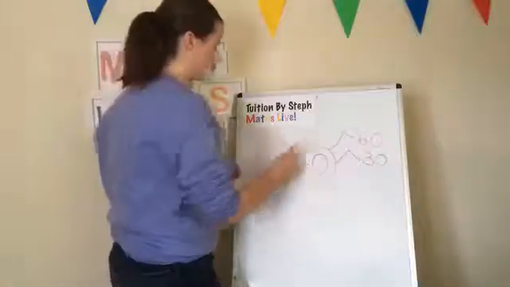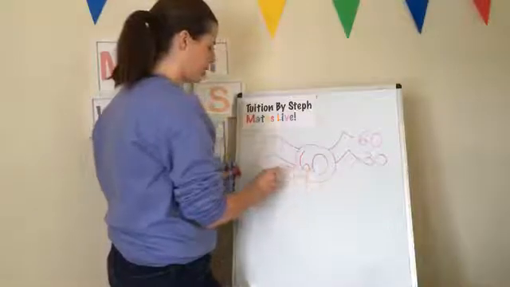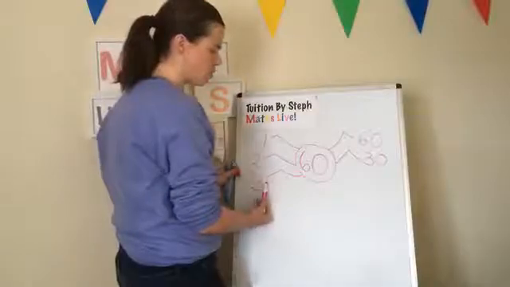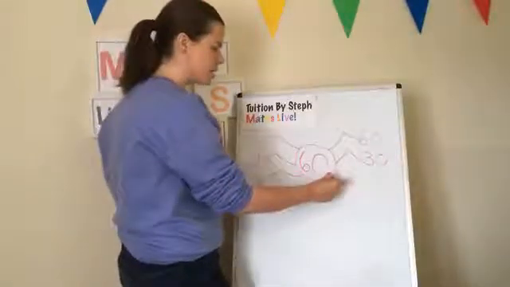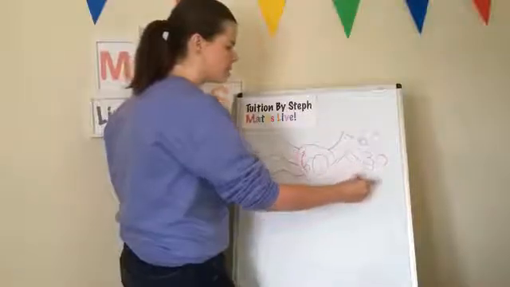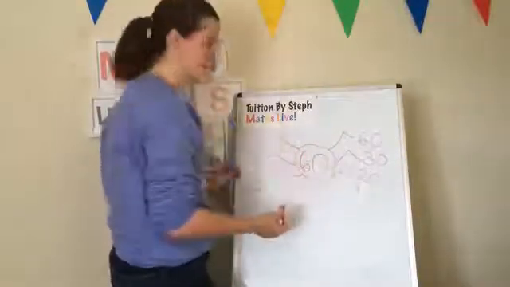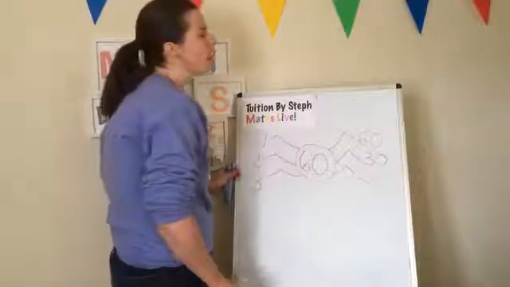So 1 times 60, 2 times 30, 3. Well, I know if I times 3 by 2, that is 6, but there's a 0, so it's 20, because 3 times 2 is 6 plus the 0 is 60. 4, so 4, 8, 12.